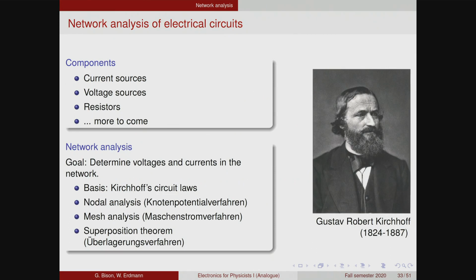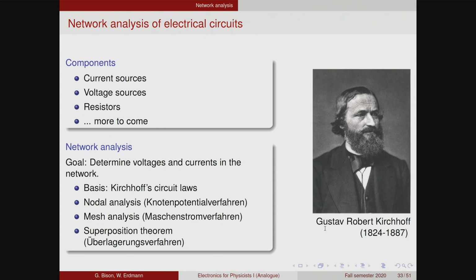Okay, now this gives us the components that are necessary to do network analysis. So that's the basic thing that we need in order to understand electronic circuits. Basically this was pioneered by Gustav Robert Kirchhoff.